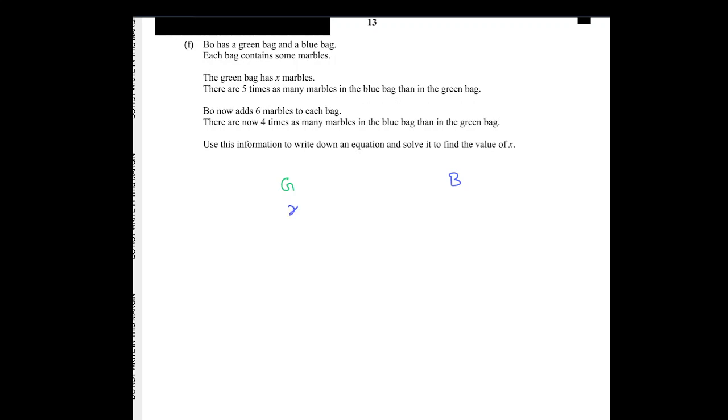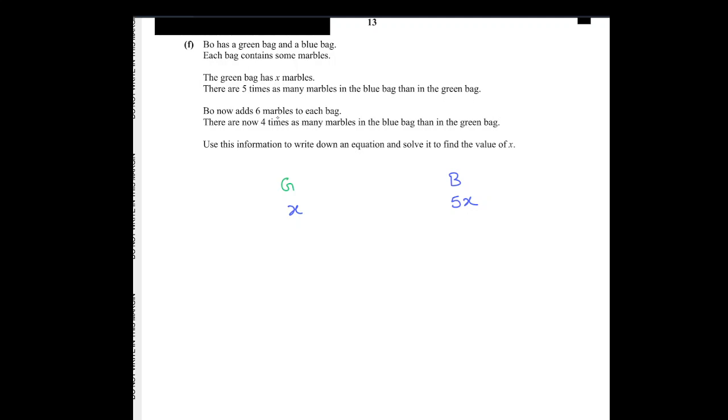So okay, x is this and the blue bag has 5 times, that is 5 into x marbles.